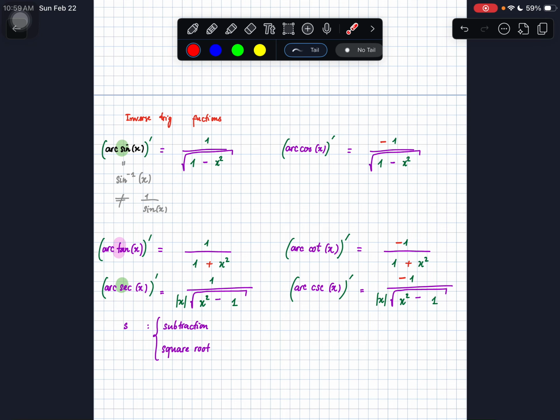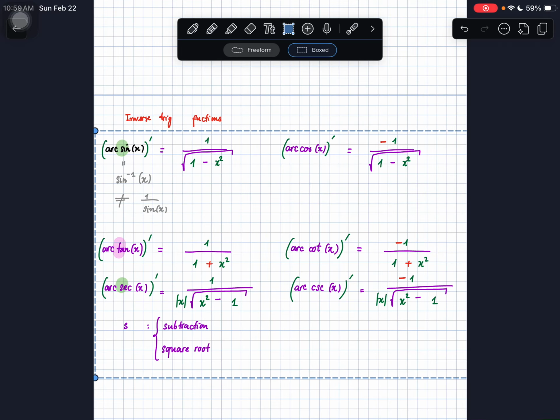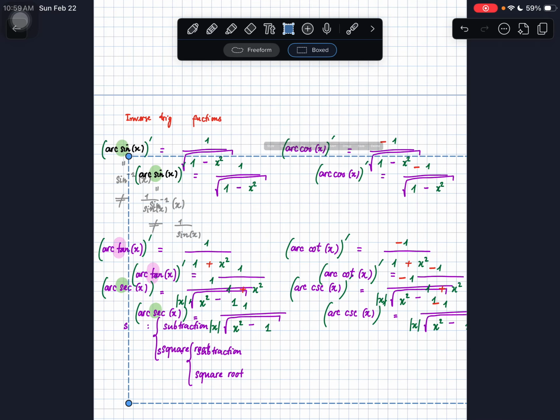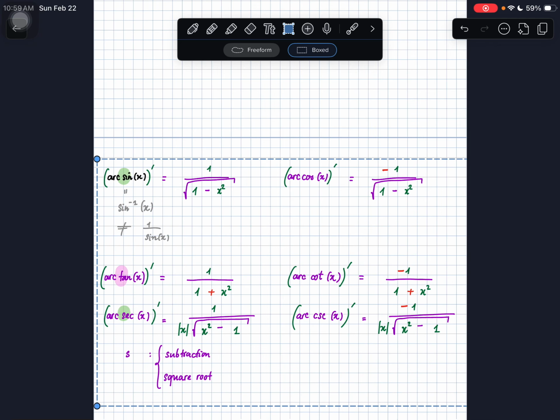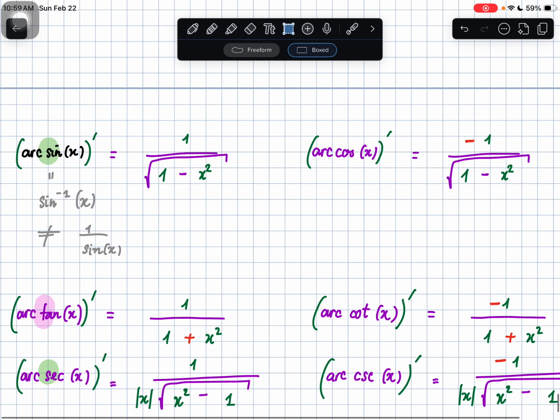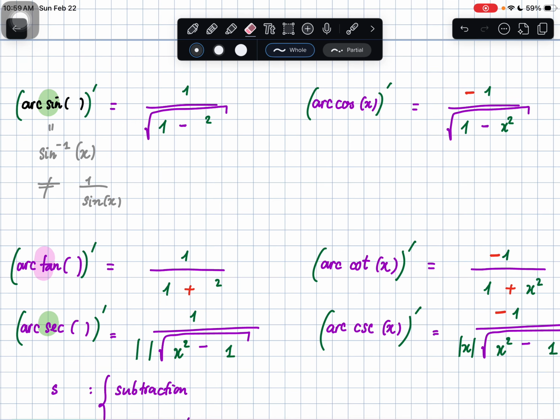If you want to use the chain rule, instead of x, you have a function u in terms of x. So here's how it goes. When you see x, here you have function u. And because we have a chain rule, it would be u prime on top.